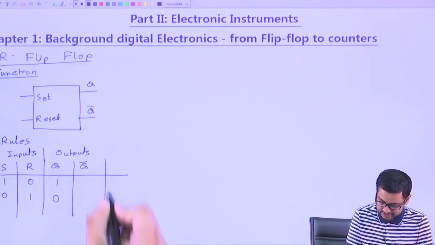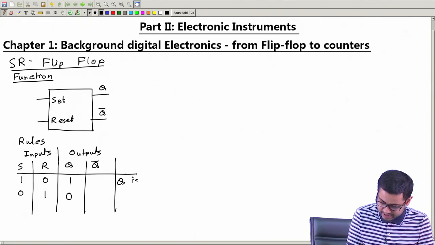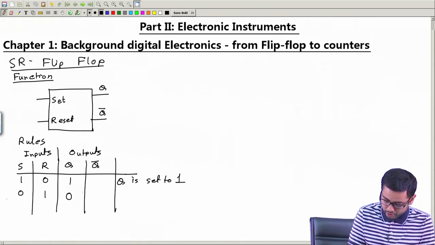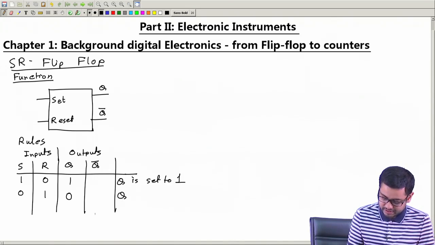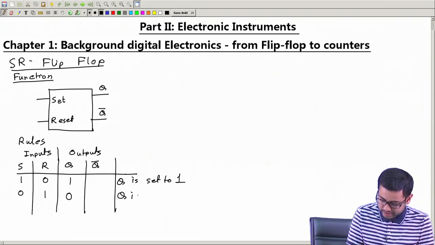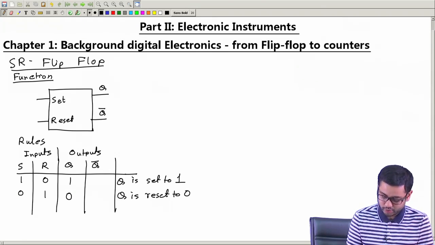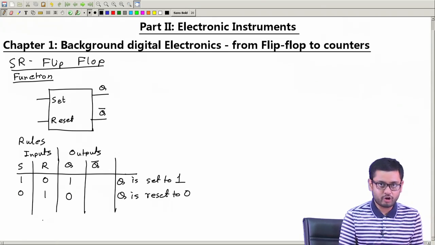So, here we write Q is set to value 1, and if we press the reset button, by making reset equal to 1 and set equal to 0, Q is reset. Reset means it has gone back to 0. This is how we call it.